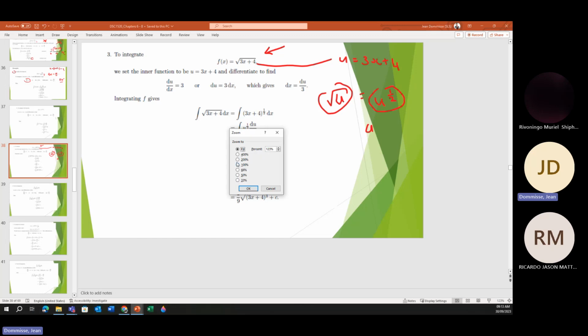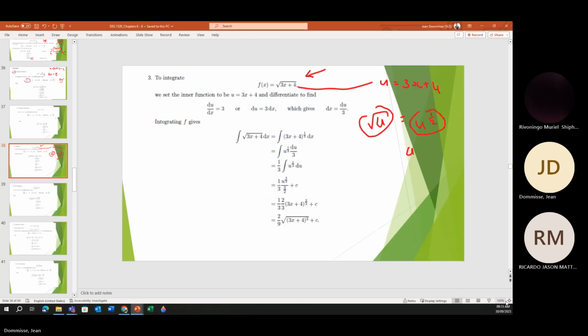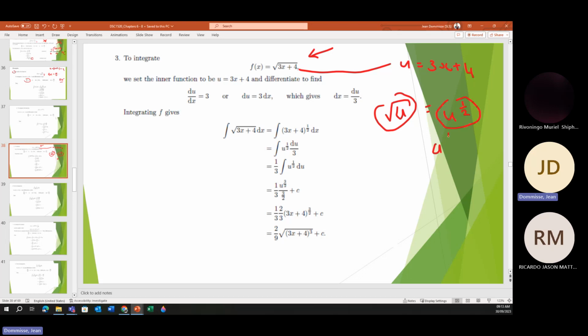But it's easier if you need to integrate that, to say, well, when I integrate, remember, I need to add 1 to that. So then it's easier to say, I add 1 over 1, so that we get 3 over 2 divided by 3 over 2. So that is easier to work with for me than to work with a square root, because honestly, when I look at the square root, I don't really know where I need to go from there.